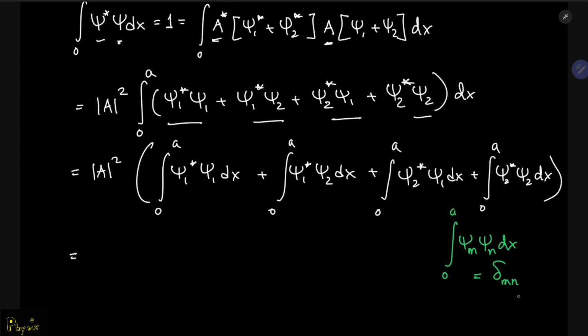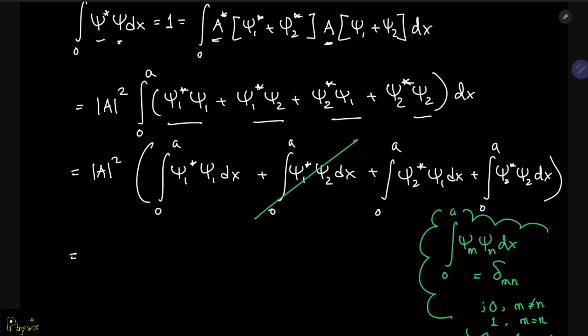And the Kronecker delta function is 0 when m is not equal to n, and 1 when m is equal to n. So using this, you can see that the second term and the third term become zeros. And all that we are left with is the first and the last, and this equals 1, and this also equals 1, using the property of orthonormality of stationary states, orthogonality, I should say.